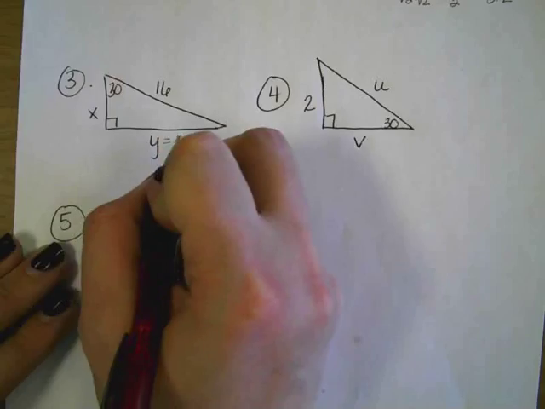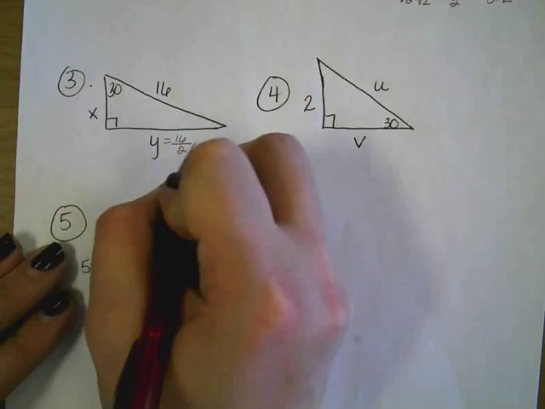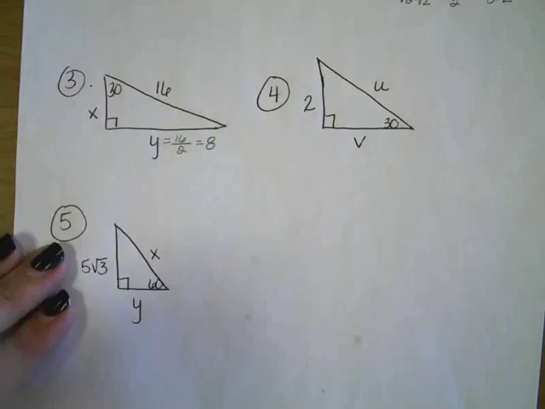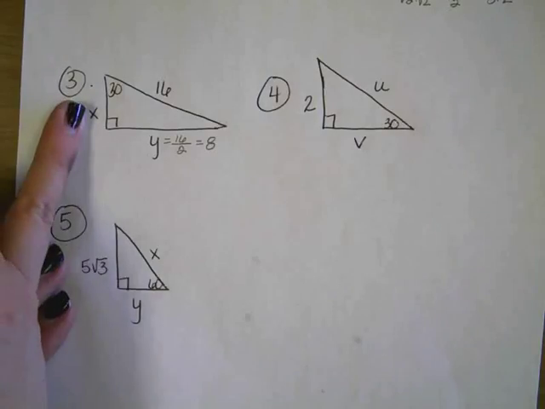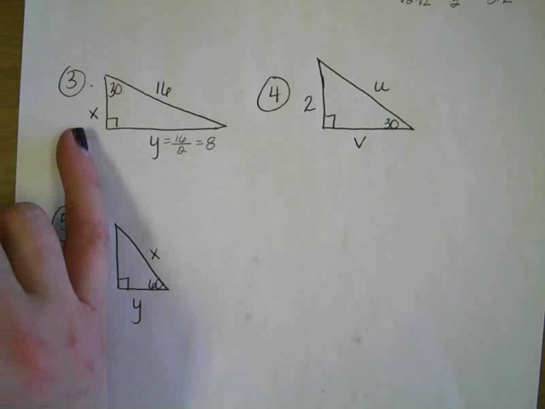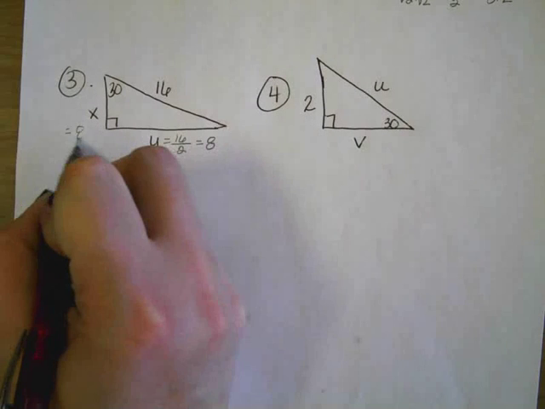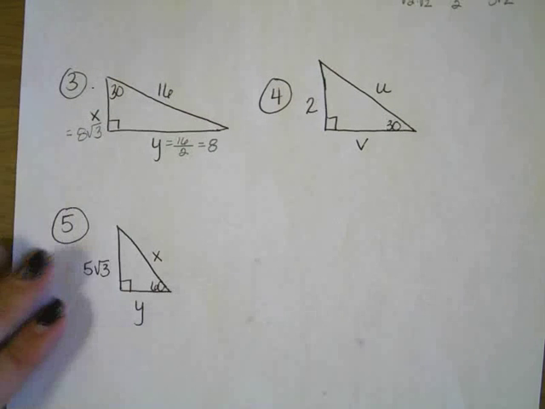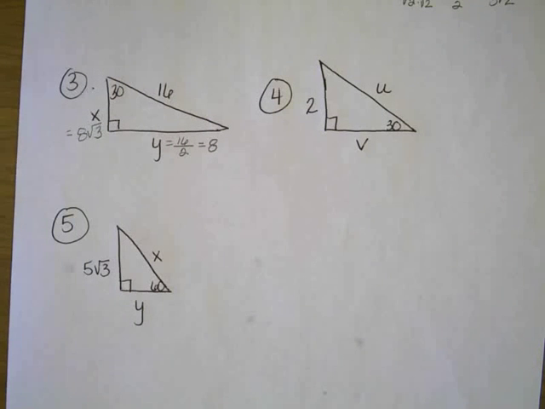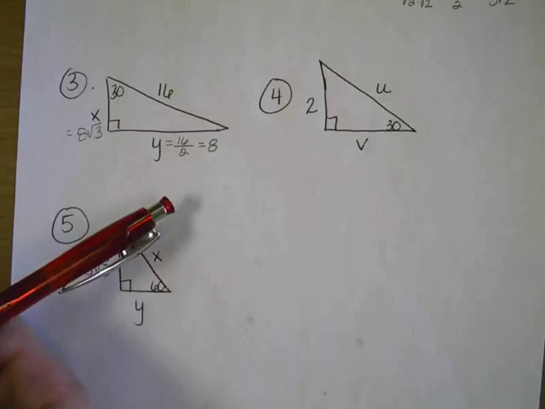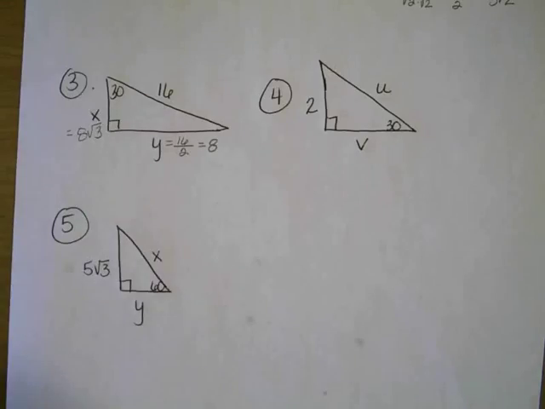So if this is 16, then this side is 16 divided by 2, which is 8. And the long side is the small side times the square root of 3, so this would be 8 root 3. So if we have the hypotenuse, that's some pretty easy math because all we have to do is divide by 2 for the short side and then multiply that short side by root 3 for the long side.